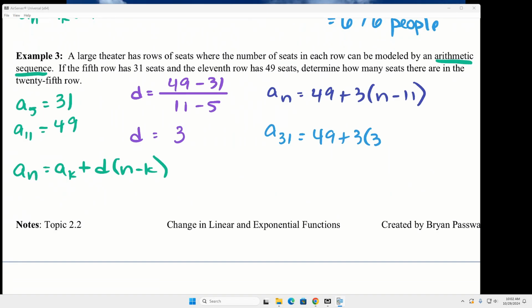I have no idea where I got 31. Oh, I do. I looked here. Anyway, we're going to put 25 in for n. And then you can just let your calculator do all the work. And that 25th row should have 91 seats.